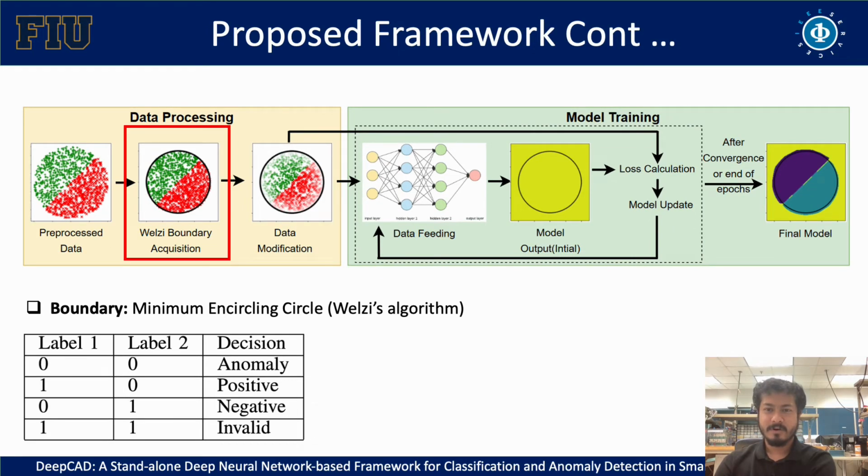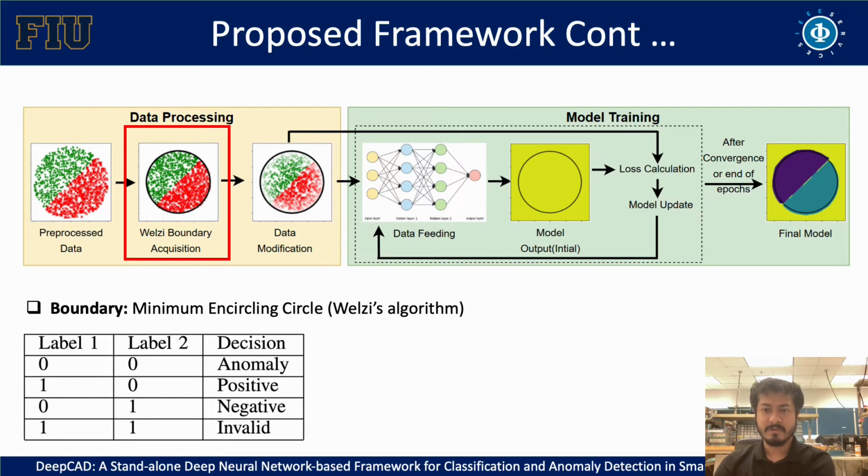After that, all preprocessed data are passed to Welzl's algorithm to obtain a minimal enclosing circle, a circle with the least possible area that can bound all the data points. Initially, the framework encodes the label of positive samples as 1, 0 and negative samples as 0, 1.